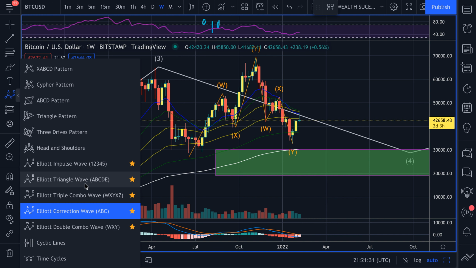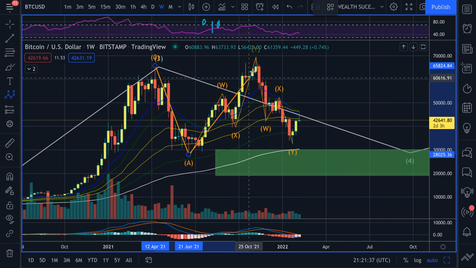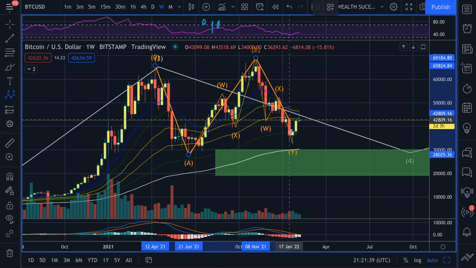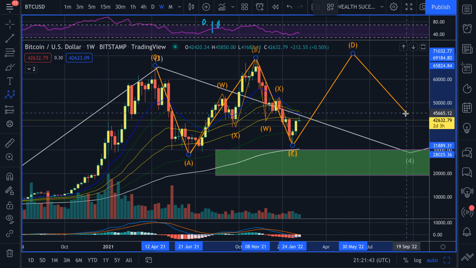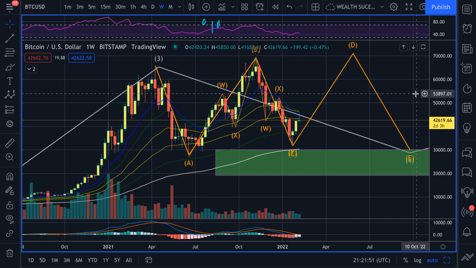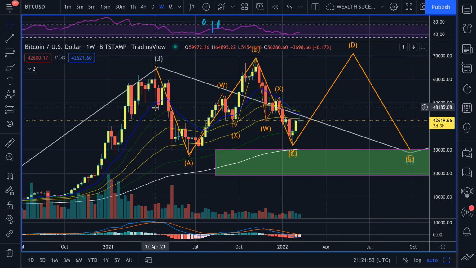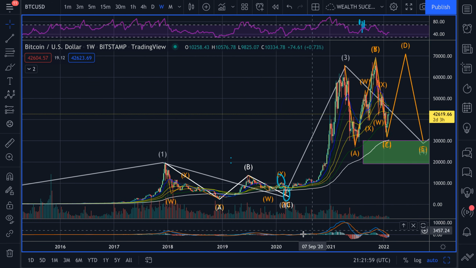Here's one more possible shape it could be that I just realized earlier today. A, B, C, D, and E would be somewhere around here. It could go down to here too. Yes, this is a possible corrective shape. It is pretty common.